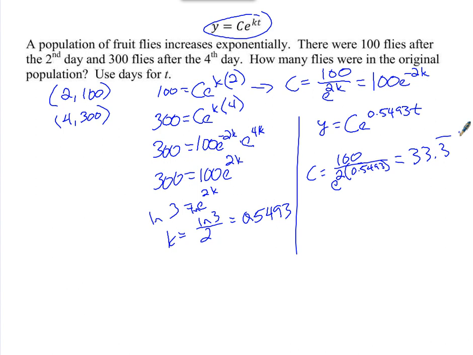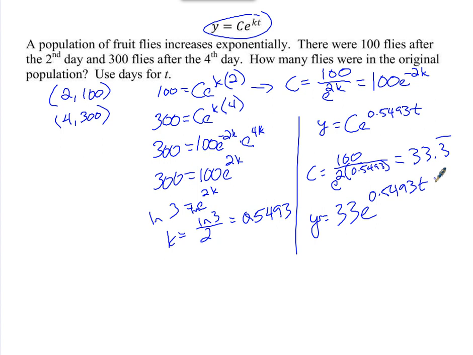So now I do have a final equation, y equals, can you have 0.3 fruit flies? No. So let's call it 33 e to the 0.5493 t.